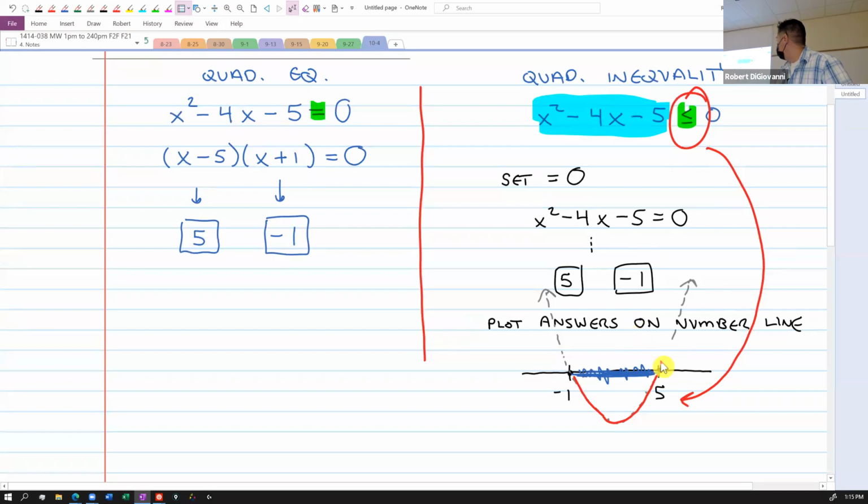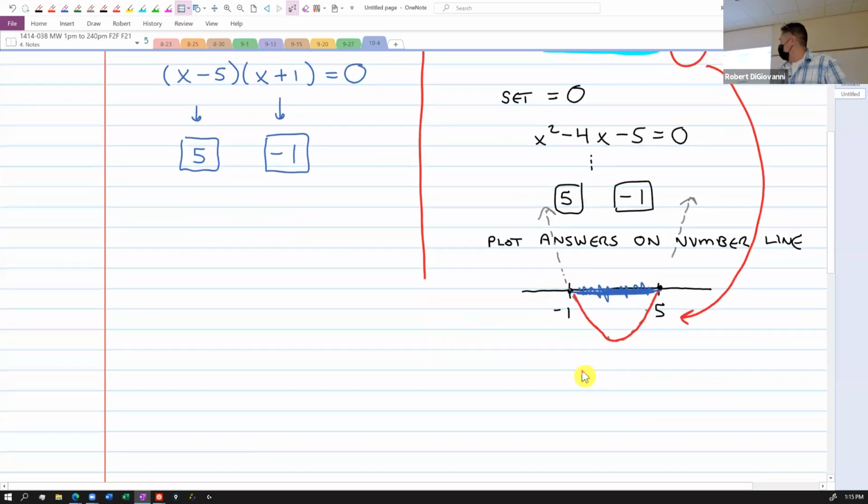So we do want to include these two endpoints. So I could make those solid dots as included in part of my answer. And so the solution set in interval notation should be a bracket, -1 to 5 with a bracket.